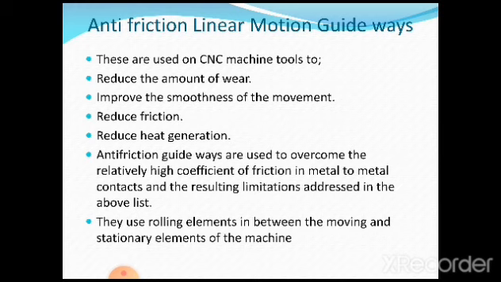So when machining operations are being carried out, especially on CNC machines, the positioning of the cutting tool as well as the workpiece needs to be correctly controlled as per the programming instructions. In such cases, we require high linear precision, meaning the linear movement we expect from the LM guideways.